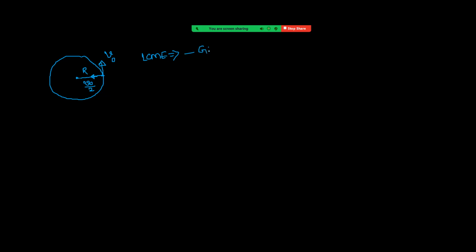That is minus GMm by R potential energy plus kinetic energy, half m times v naught square plus v naught square by 4, equal to minus GMm by small r, which may correspond to maximum separation or minimum separation, plus the corresponding velocity, take it as v, half m v square. Okay, that is our energy equation.